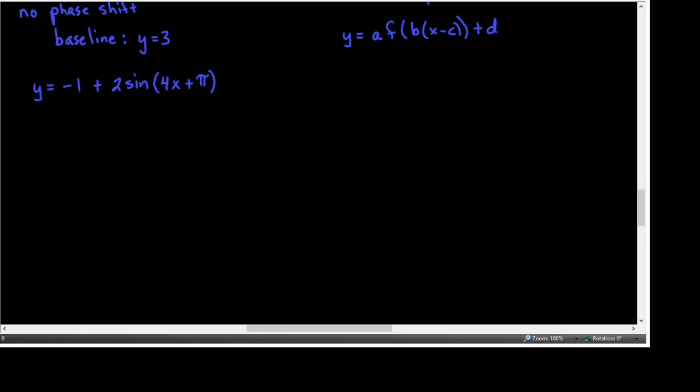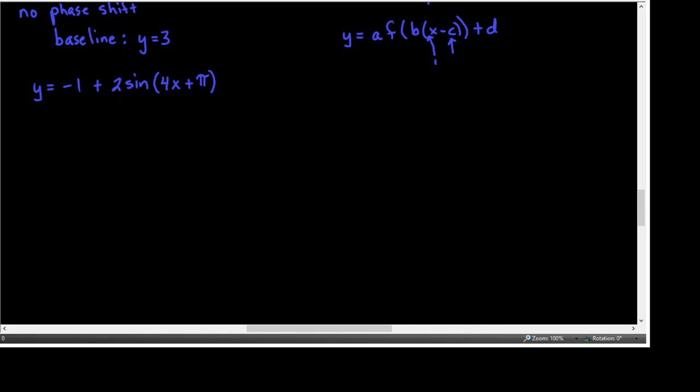And the thing about this BX minus C, which I didn't read it correctly, is that C is only the phase shift, or the horizontal shift if you want to think in a college algebra setting, if the coefficient of X in front of it is 1. So the phase shift here is not pi, because the coefficient of X is 4.